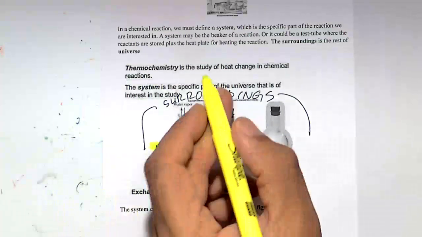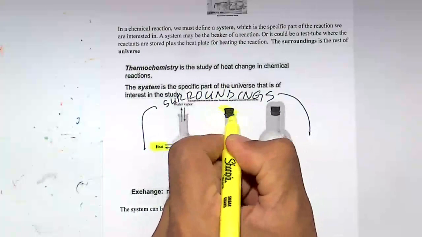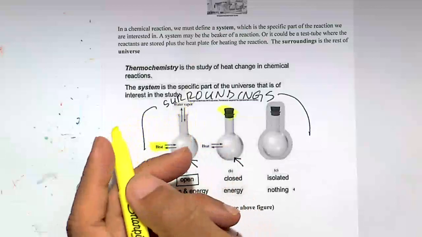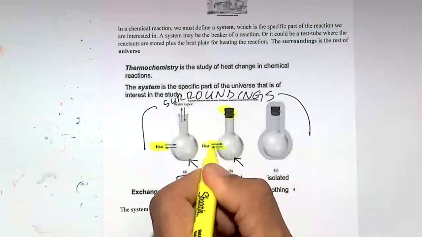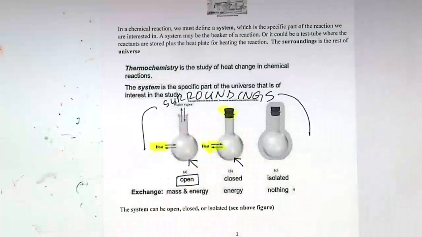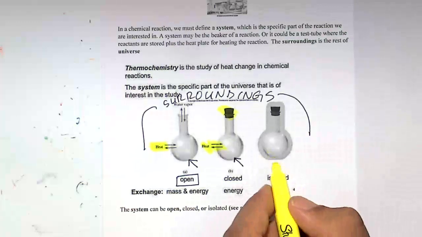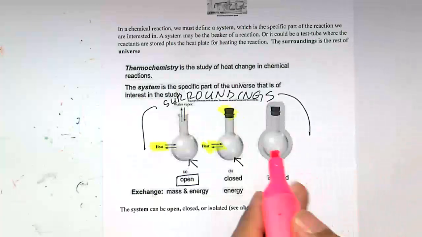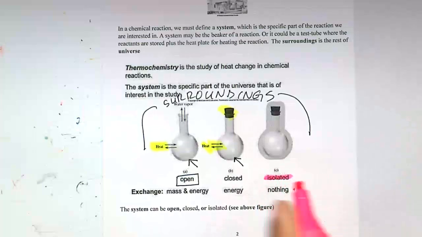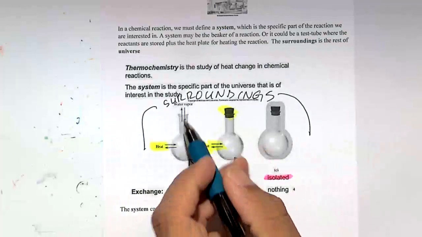Now, in a closed system, they put a cork. In a closed system, the only thing that can be exchanged between the system and surroundings is heat. And then finally, in an isolated system, nothing can be exchanged.